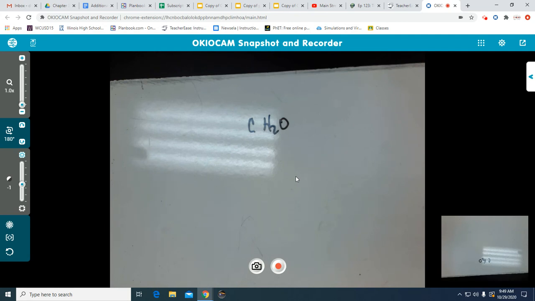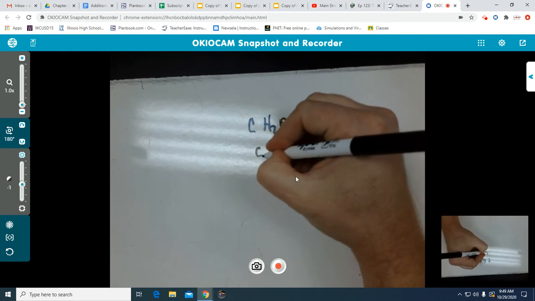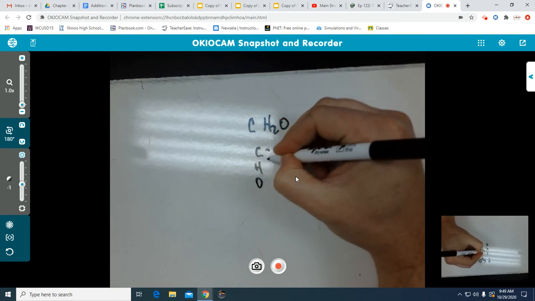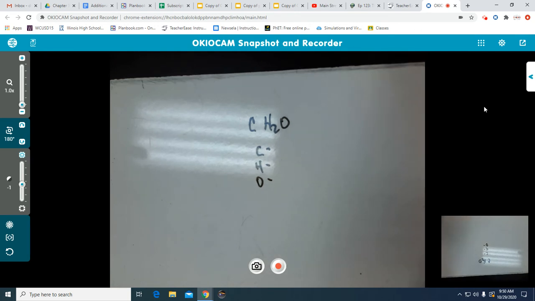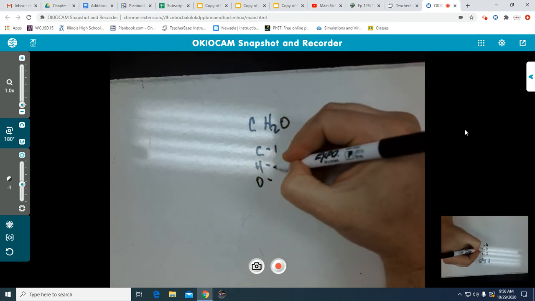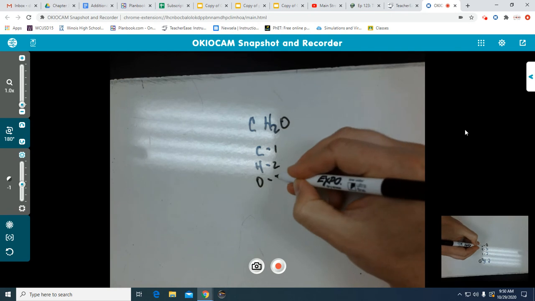We have to determine the percent of each element in the compound. But first, we have to determine the formula weight. Carbon, hydrogen, oxygen. You're going to see these combinations of letters very often. All right. Carbon, there's 1. Hydrogen, there's 2. Oxygen, there's 1.